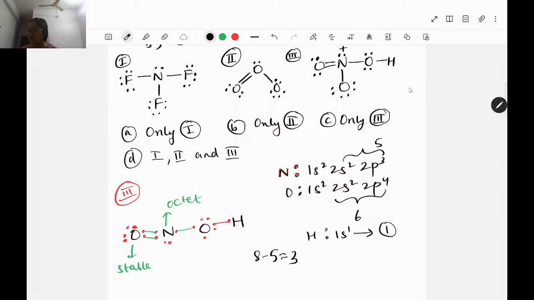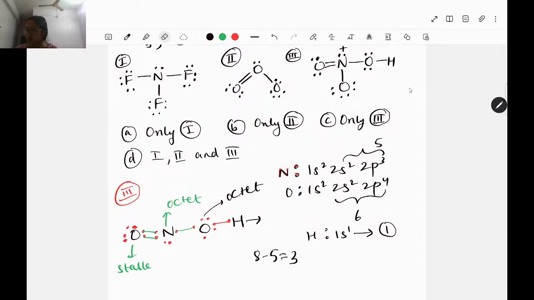The hydrogen required one electron, so hydrogen now has one electron, oxygen also has one electron, and this oxygen is also stable because it has reached its octet. And this hydrogen has also reached its duplet.